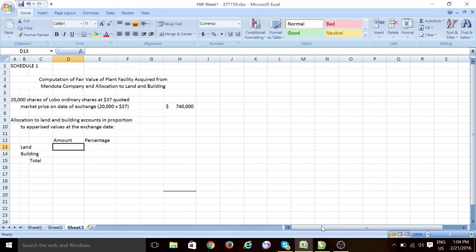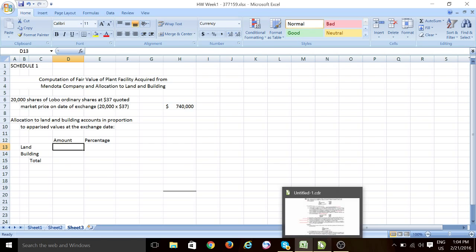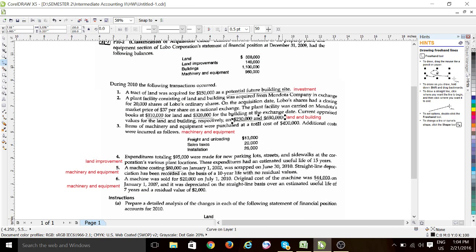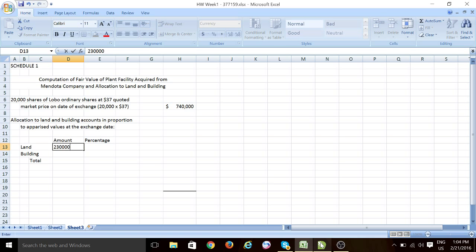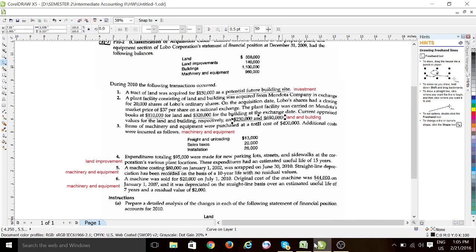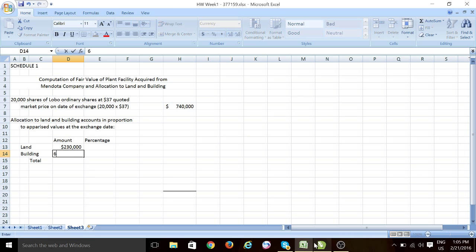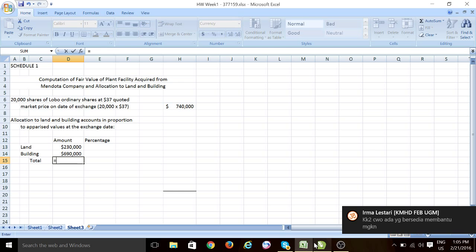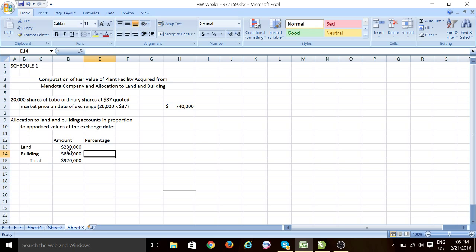So we note the amount appraised for the land, which is $230,000, and then the amount appraised for the building, which is $690,000, and then we sum them up. To find the percentage, we just need to divide the amount that we are calculating by the total amount.